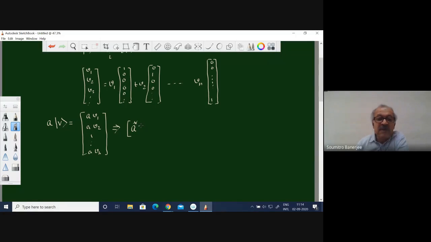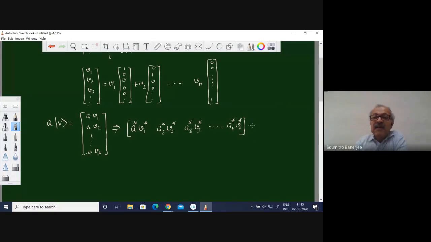So it will be A1 star V1 star, A2 star V2 star, A3 star V3 star, and so on, up to An star Vn star.